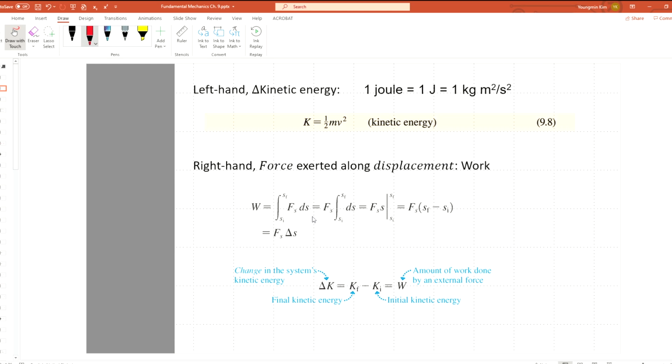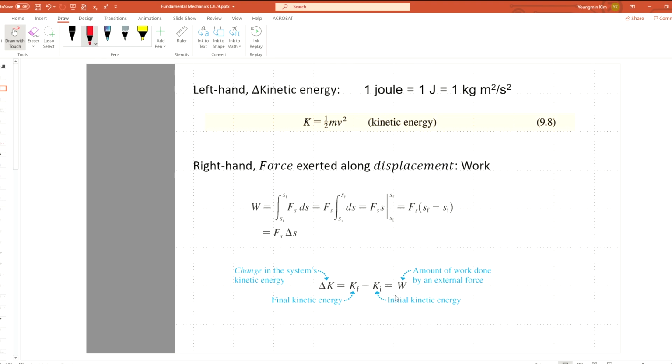As long as they are parallel or anti-parallel, it's simply the magnitude of the force times the displacement. On the other side of the equation, we have derived and defined the concept called kinetic energy, the energy in motion. The kinetic energy is 1/2 mv squared. I'm sorry, the change in kinetic energy is equal to the work.